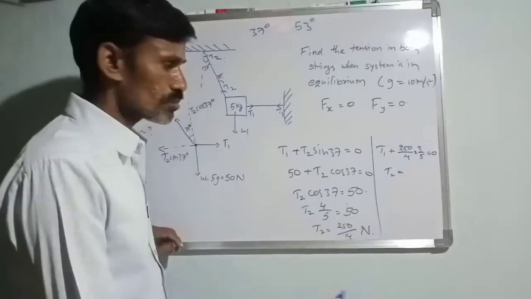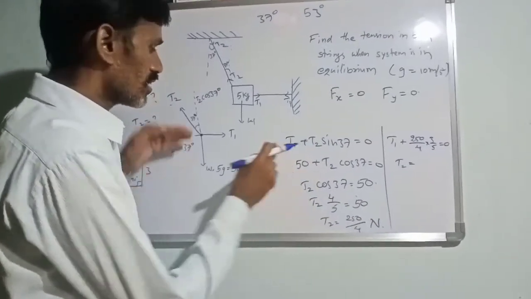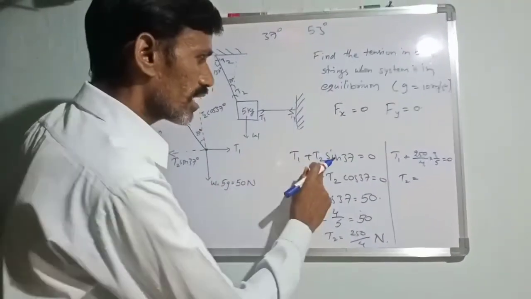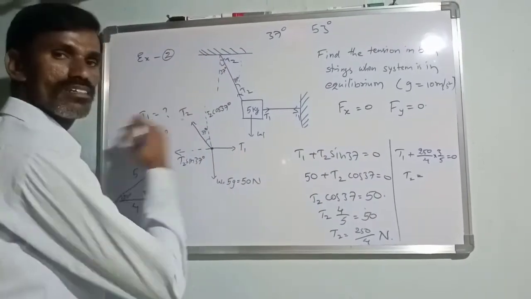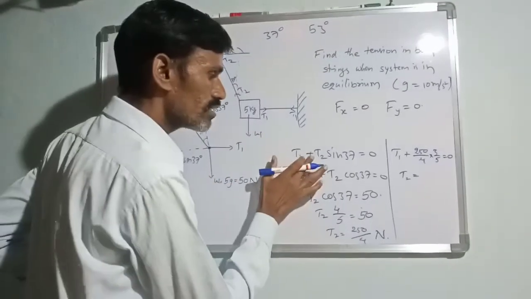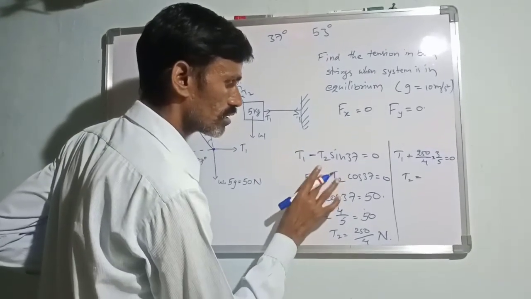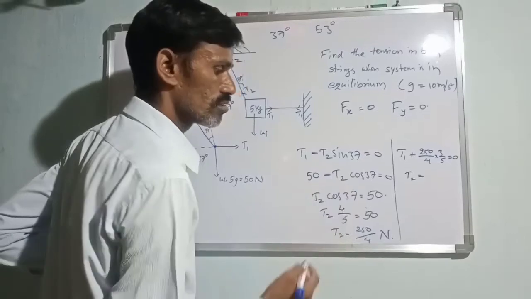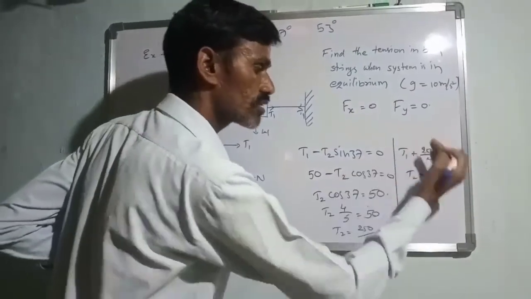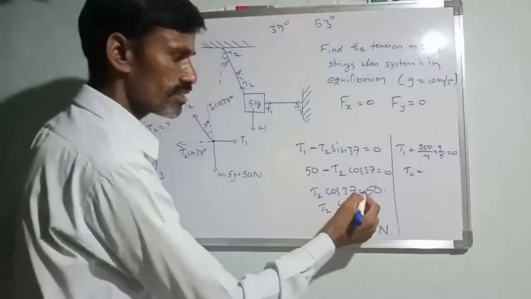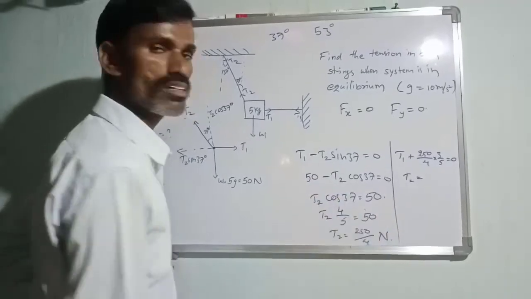Okay. So here one small mistake, that is T1 is in positive x direction and T2 sine 37 is negative x direction. That's why here we take negative. So if we move minus T2 cos theta to the RHS, then T2 cos 37 is equal to 50.